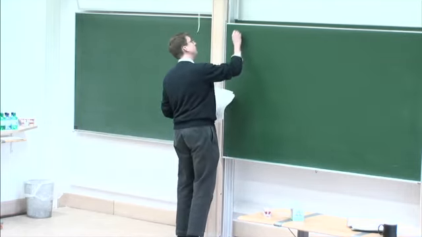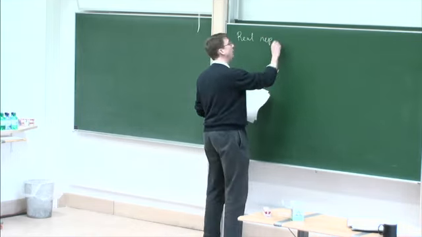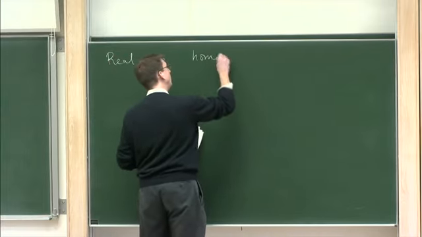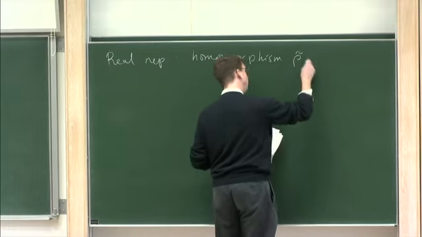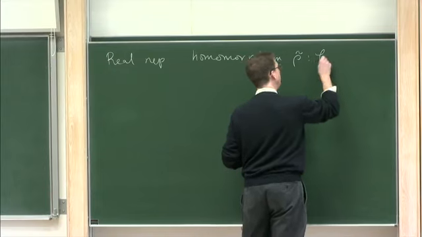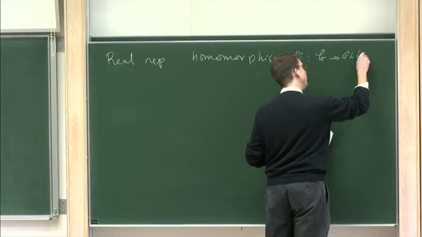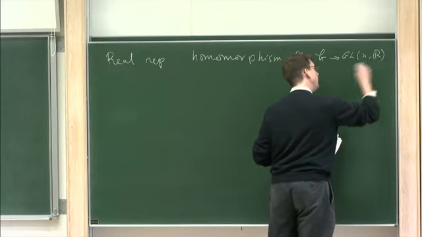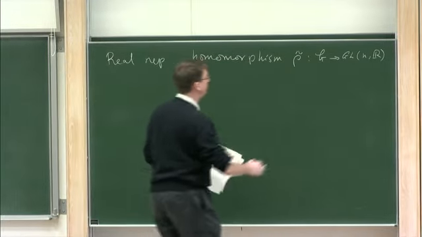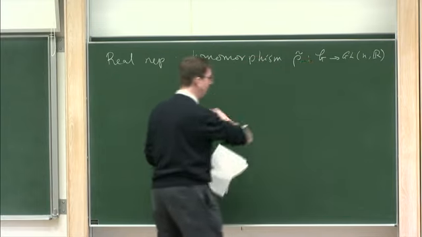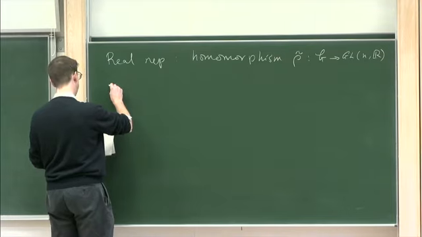So I'm just going to remind you of where we finished last time. We had a real representation, a homomorphism which I call rho tilde, and it's a map from our finite or compact Lie group into the set of n by n invertible matrices with real entries, and in fact it's good enough to think about orthogonal matrices. And then we had a definition last time.